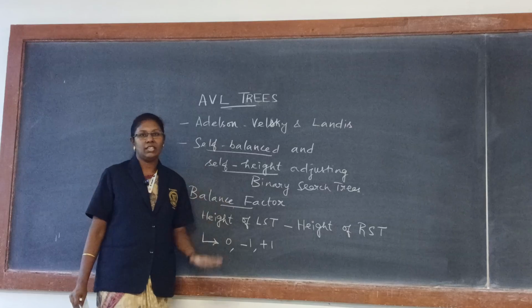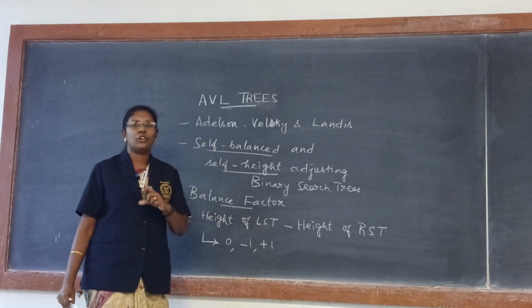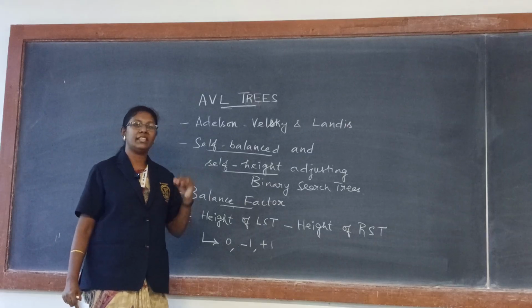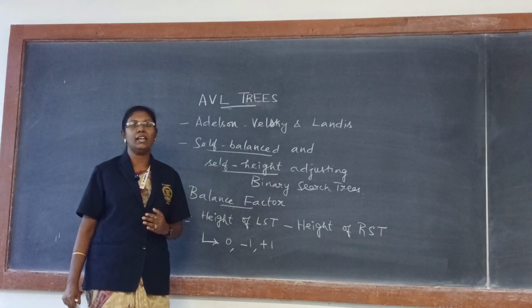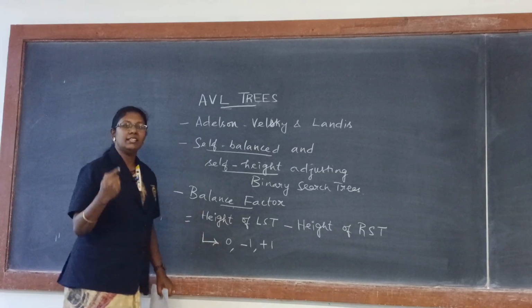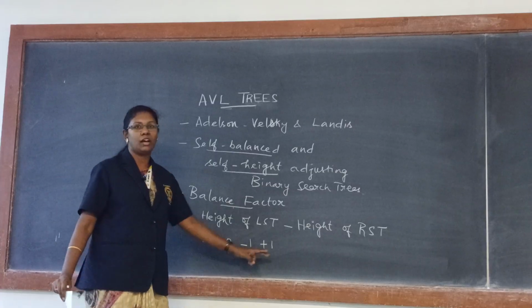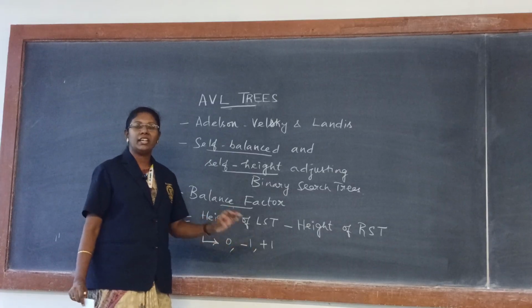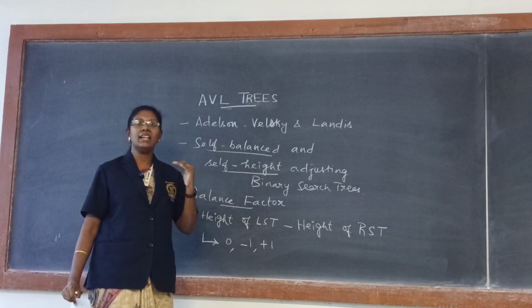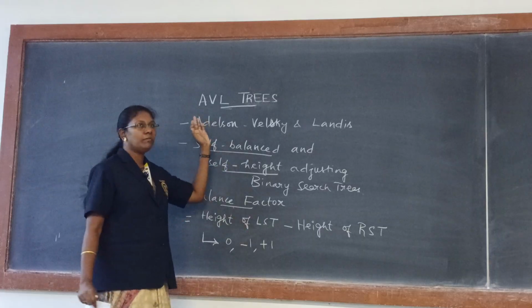If any node gets a value other than 0, minus 1 and plus 1, then that particular tree is considered imbalanced. If a tree contains nodes with a balance factor of either 0, minus 1 or plus 1, then that tree is considered a balanced or height balanced binary search tree. Then that is called an AVL tree.